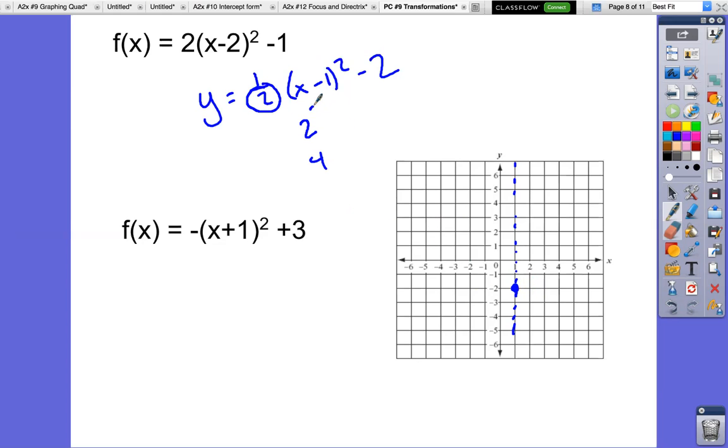So 2 steps squared times 1/2: 2 squared is 4 times a half is 2. So if I took 2 steps, I'd go up 2. If I took 4 steps, squared is 16 times a half is 8. So if I took 4 steps, 1, 2, 3, 4, I have to go up 8.